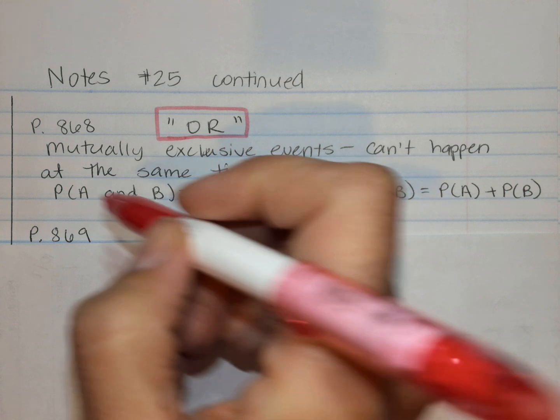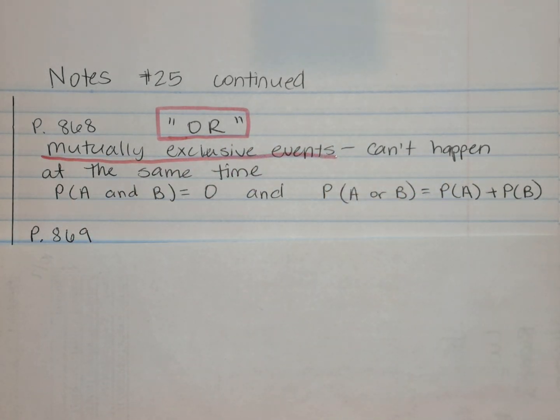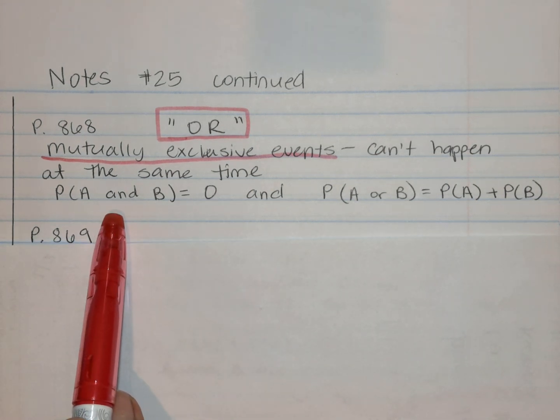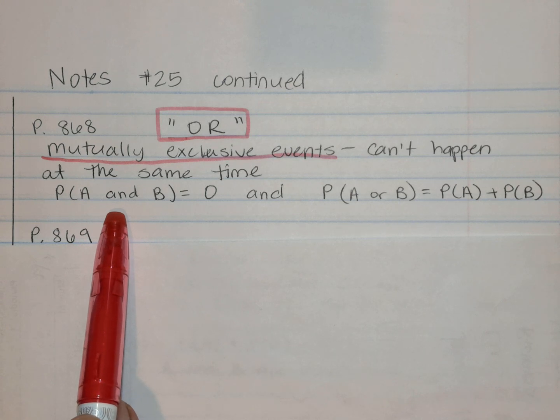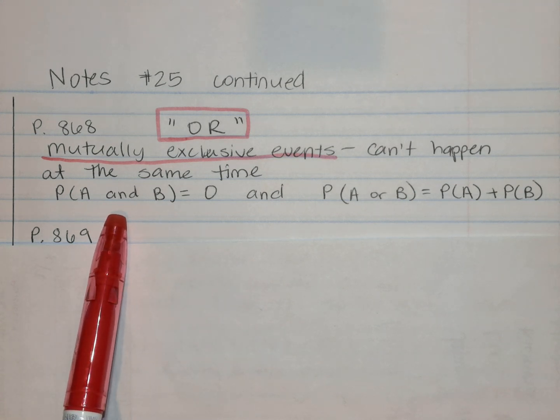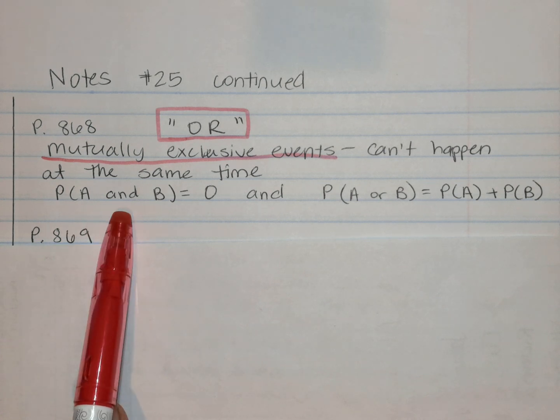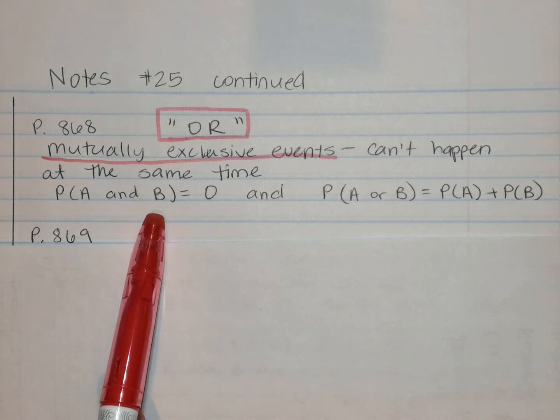These are called mutually exclusive events, and they can't happen at the same time. For example, if I was rolling a dice and I wanted to say, what's the probability of rolling a 1 and rolling a 2 at the same time?